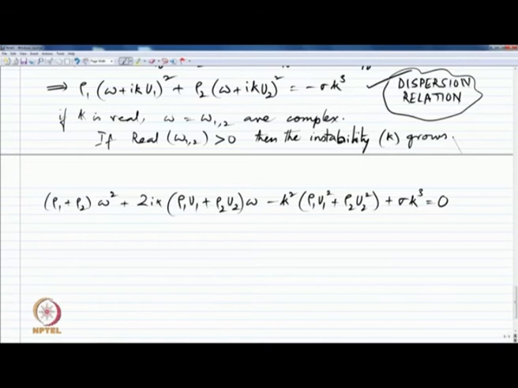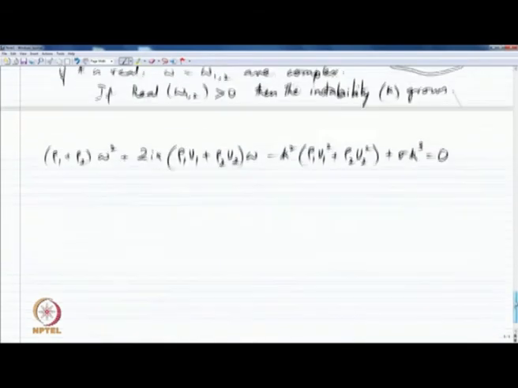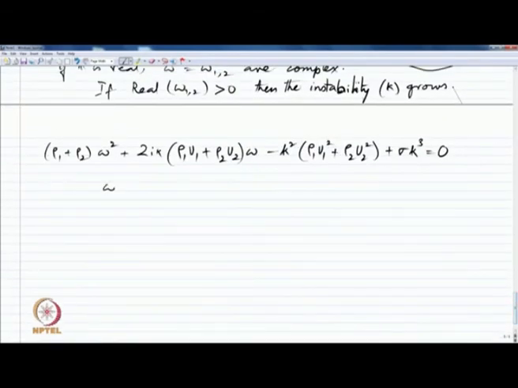Now, we are able to solve this equation closed form because we have a formula. And in here, I know a equals rho 1 plus rho 2.